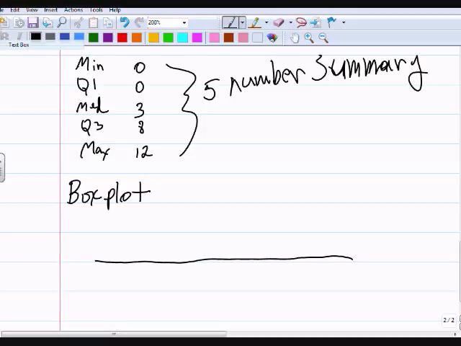My horizontal scale needs to cover both my min and my max, so it needs to go from 0 up to 12. So I'm going to go 2, 4, 6, 8, 10, 12. Over my median, so that's 3, here's my median. I put a straight up and down bar.